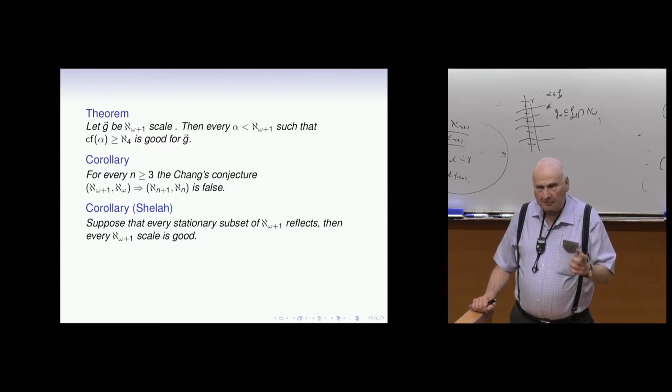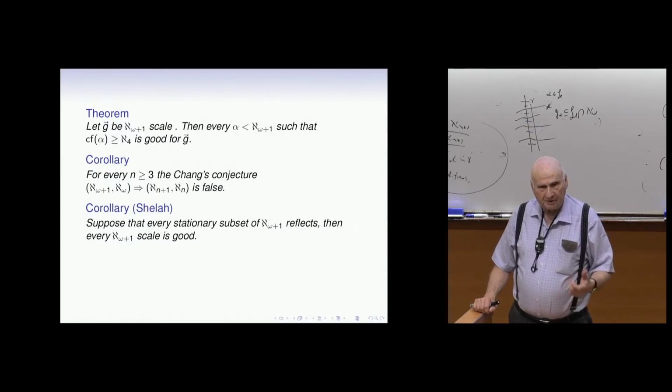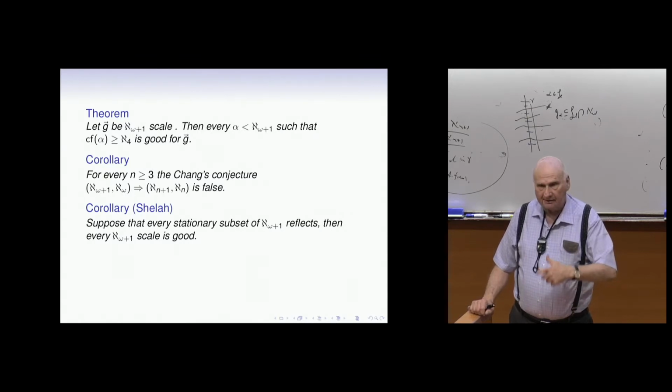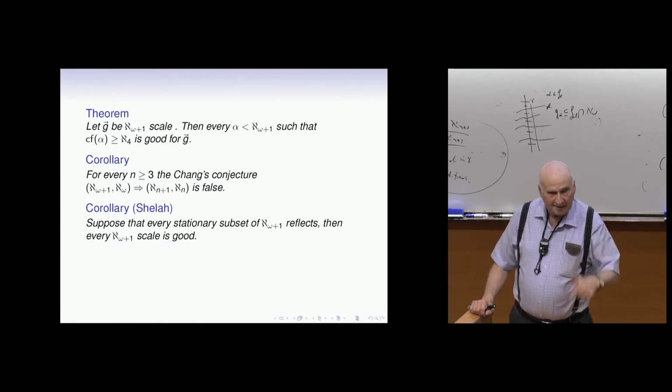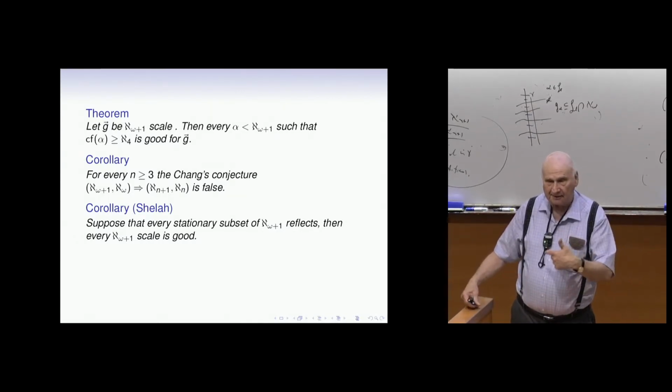The cofinality of that point must be either Aleph 1, Aleph 2, or Aleph 3. And now you say, okay, suppose that set reflects. Maybe it reflects to a set of points of cofinality Aleph 3, for instance. But then, if every stationary set reflects, this should reflect to any point of cofinality Aleph 4. That point is good.